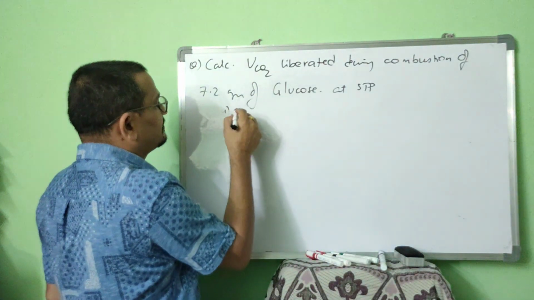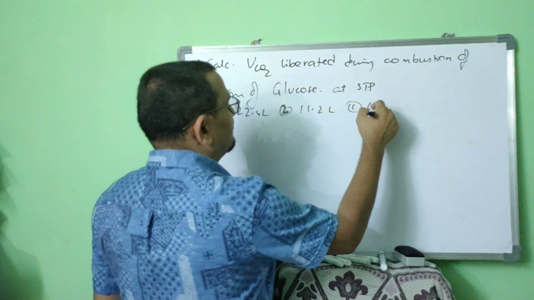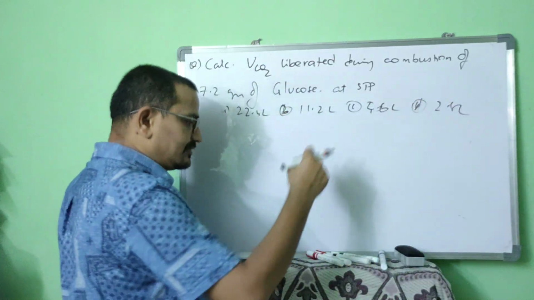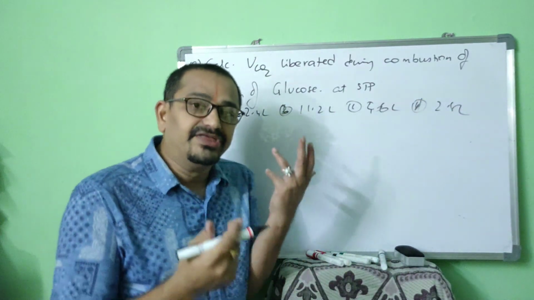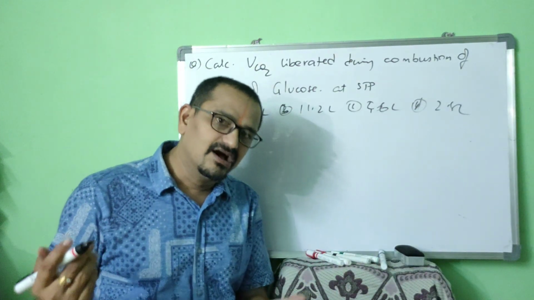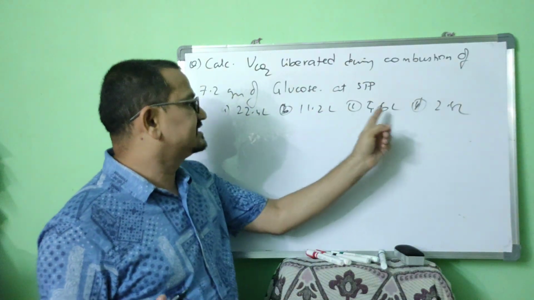Suppose the first option is given as 22.4 liters, then 11.2 liters, 5.6 liters, and the fourth option is 2.8 liters. By looking at the options, you can easily justify which condition they are following: 11.2 liters and 22.4 liters are related values.